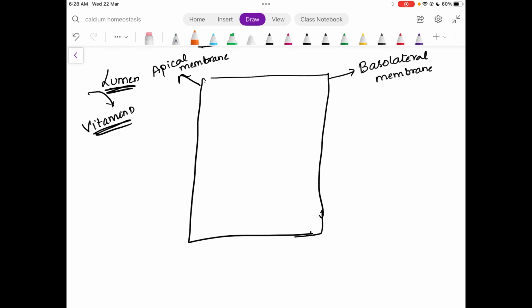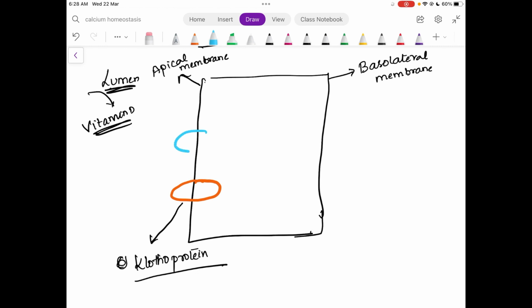This vitamin D will increase the secretion of a protein called klotho protein. What will klotho protein do? It enhances expression of a transporter called TRPV5.